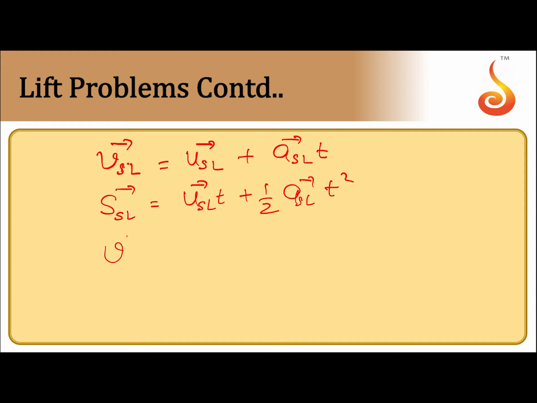V square, that is V SL square, is equal to u SL square plus 2 a s. So, we can use these equations of motion, solve for the unknown.